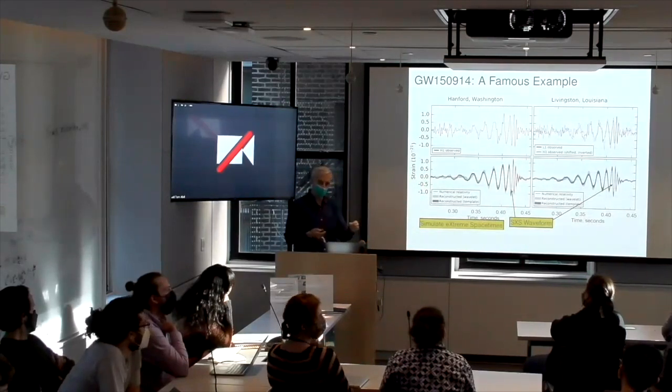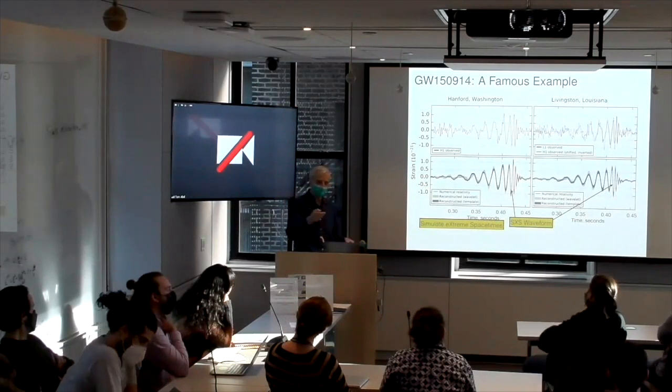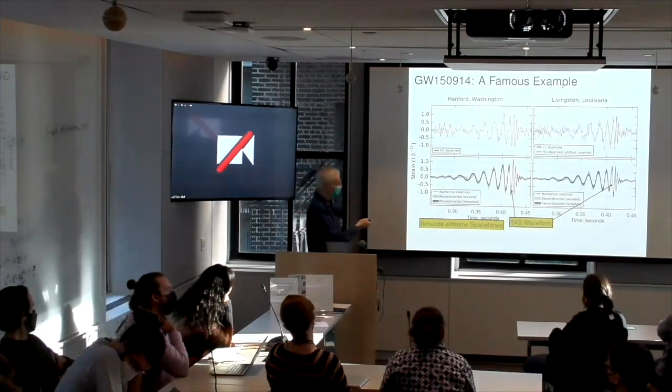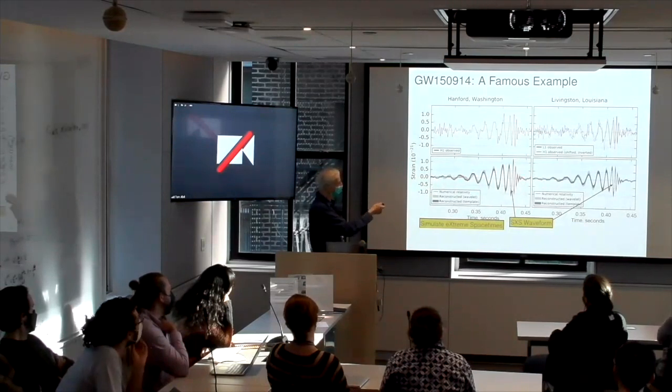From solving Einstein's equations numerically on a computer, you set up initial data with suitably chosen masses and spins, and you get this. The red here is numerical relativity. In the second part here, first of all, this is smoothed in a certain way.